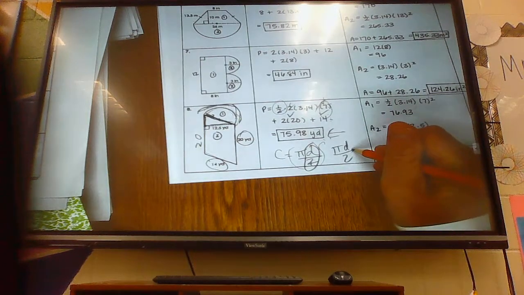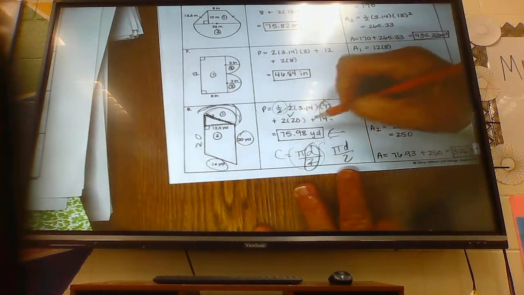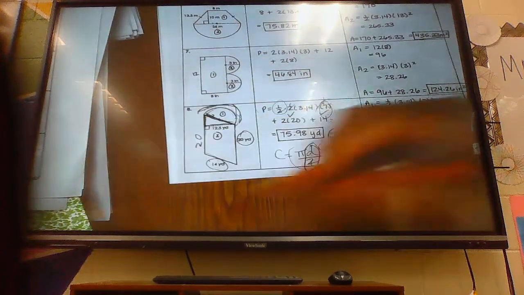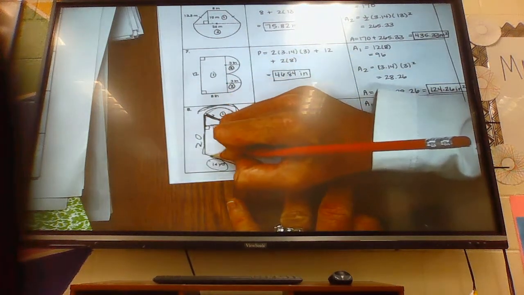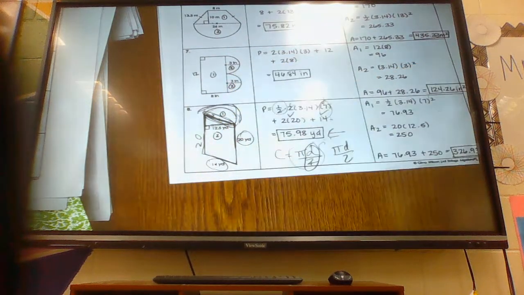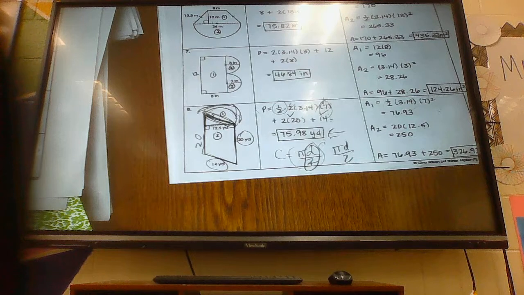That's so confusing how they just. Yeah, I don't like the way they gave the answer, but they did circumference of a semicircle plus the perimeter of this, and this. Remember, they left this out because it's inside.